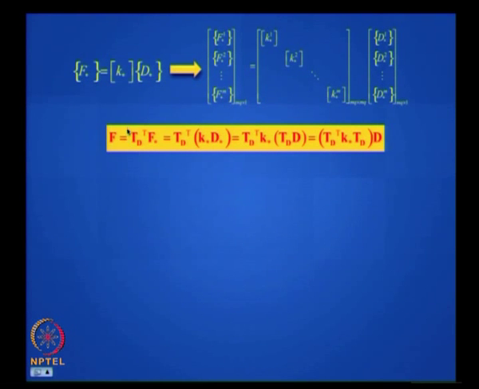I need to explain this transformation. This depends on the contragradient principle, which I showed you, but I have not proved it. I'll prove it a little later. Let's accept this principle that the reverse works this way, and so you can prove that it takes the same form. This form is familiar to you because we did Ti transpose Ki Ti.